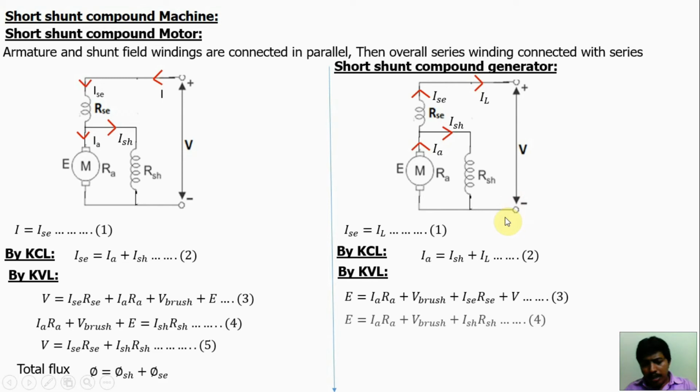We may apply the voltage law for this loop also: V is equal to IaRa plus V brush plus Ish Rsh. Total flux phi is equal to phi sh plus phi se. This is the concept for compound machines.